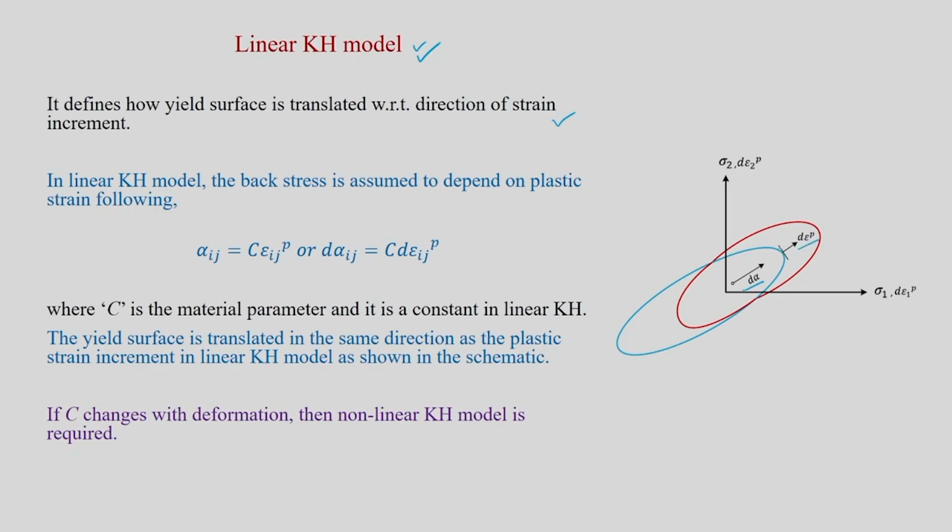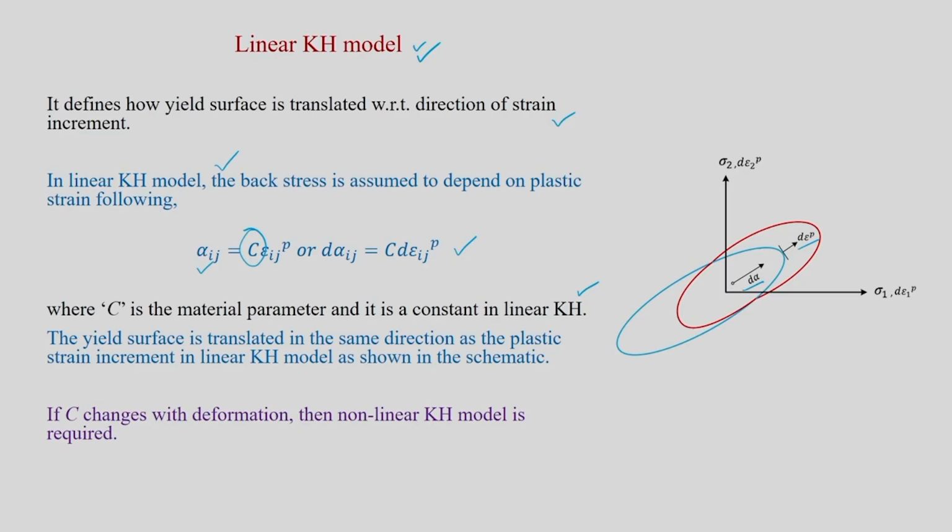The direction of d epsilon p is known. It is perpendicular to the normal drawn at any point on the yield locus. So in the linear kinematic hardening model, we introduce the backstress assumed to depend on plastic strain following this particular equation: alpha ij is equal to C into epsilon ij p. That means it is linearly related using C, where C is a material parameter and it is constant in the linear kinematic hardening model.